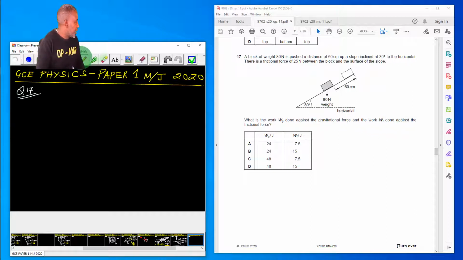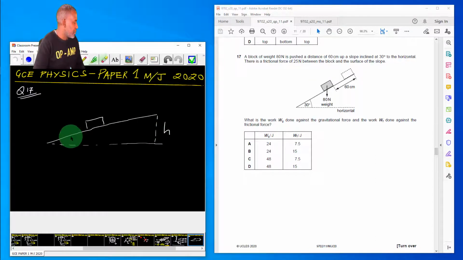So let's consider the situation. That's what we have. An inclined plane usually has a vertical height here, which can be worked out.